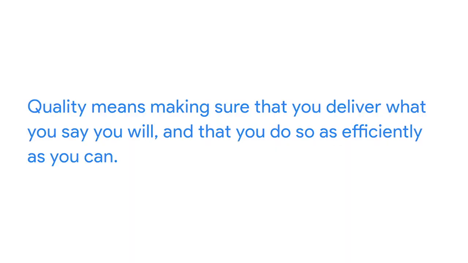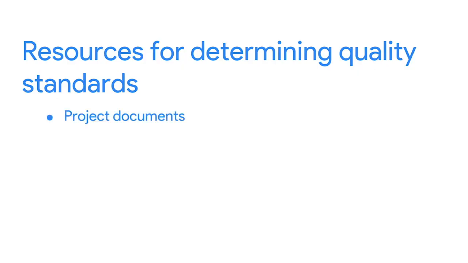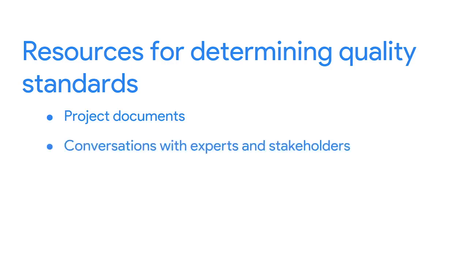Let's review what we've discussed so far. Quality means making sure that you deliver what you say you will and that you do so as efficiently as you can. Quality standards are the requirements and specifications that your product or service must meet in order to be considered successful by your organization and the customer. There are lots of resources that can help you determine the standards for your project, including project documents, like the business case and charter, conversations with experts and stakeholders, and industry research.